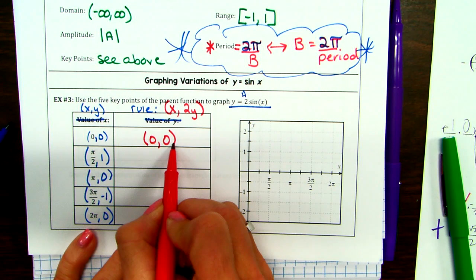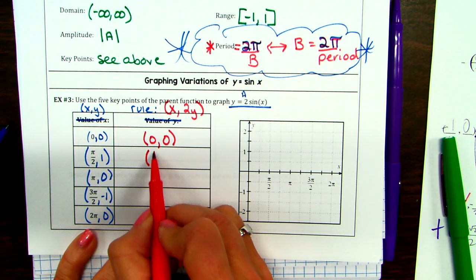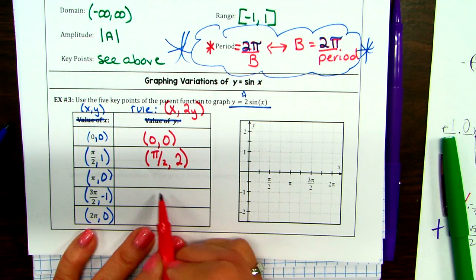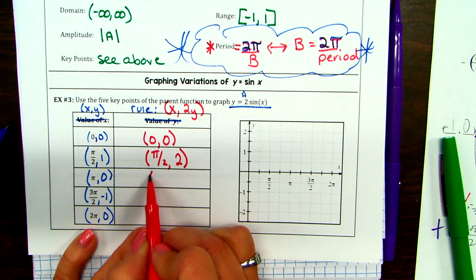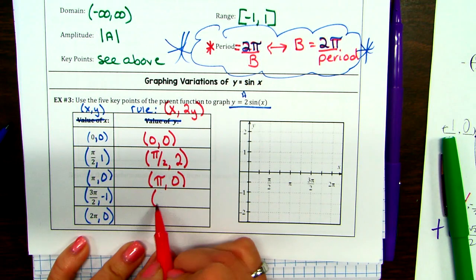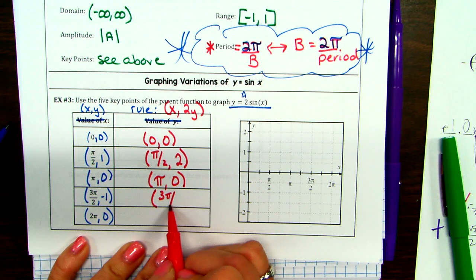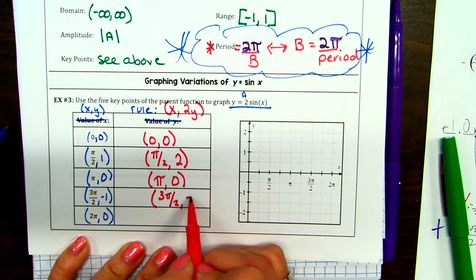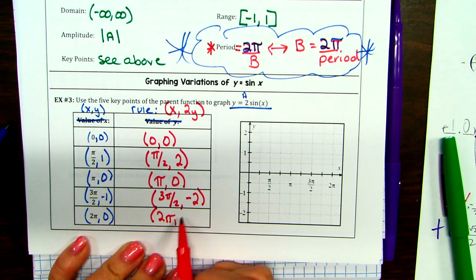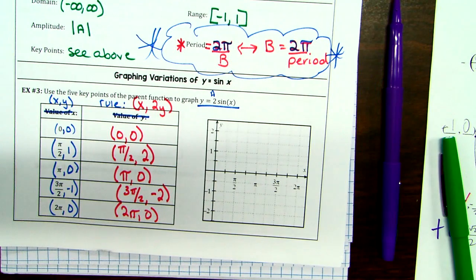If you multiply 0 by 2, you still get 0. You multiply 1 by 2, you get 2. You multiply 0 by 2, you get 0, and so on. So our x-intercepts stayed the same, but our min and max stretched from the parent function's 1 and negative 1 to 2 and negative 2.